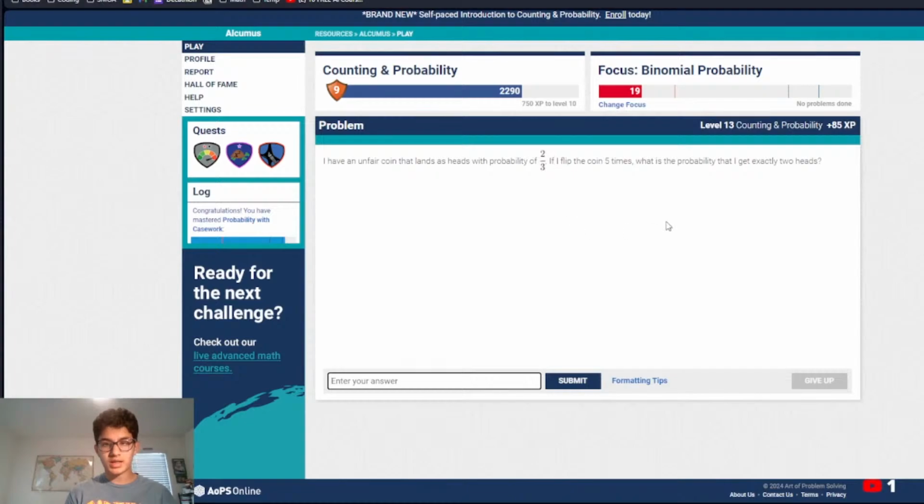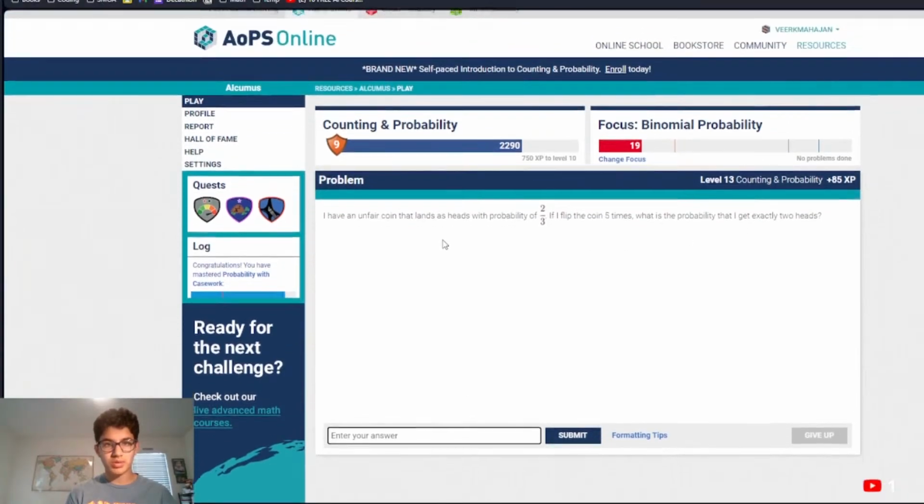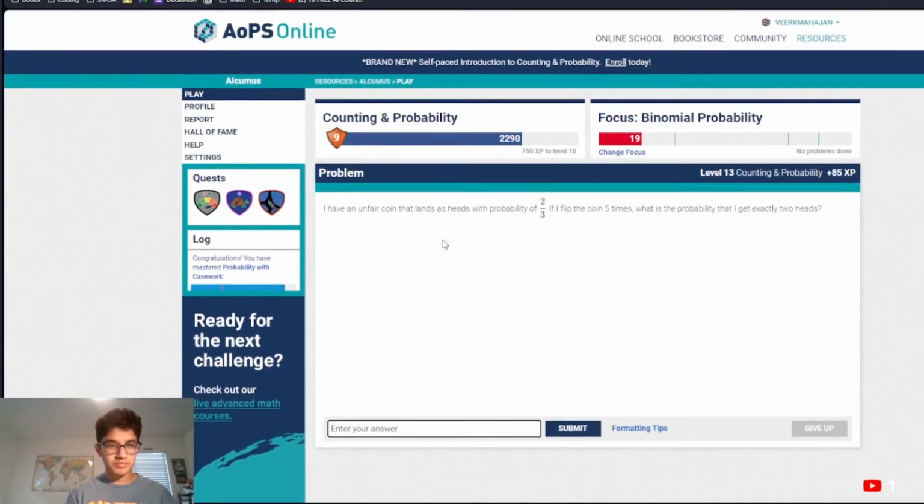What is the probability that I get exactly two heads? So you can pick which two tosses you want to have heads. So you can pick which two are going to be heads.